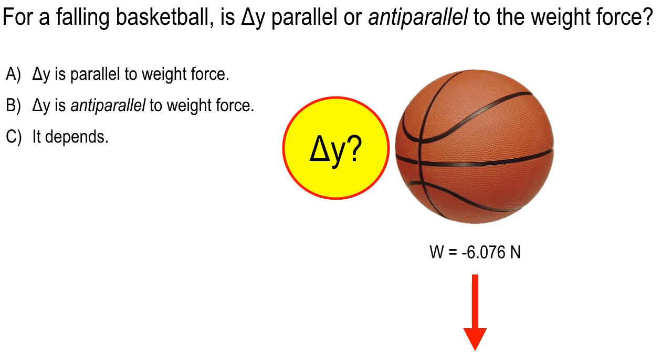And notice here that I have the weight force written as capital W equals negative 6.076 newtons, and I've got a downward arrow. So when you're doing these energy calculations, the minus signs, for instance for the weight force, are pretty important. So you have to pay careful attention.